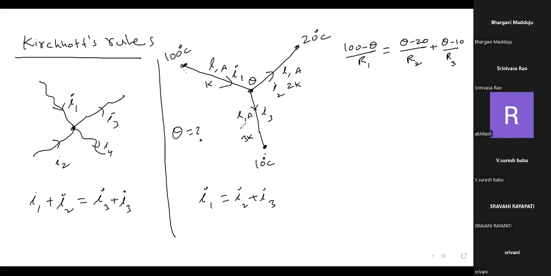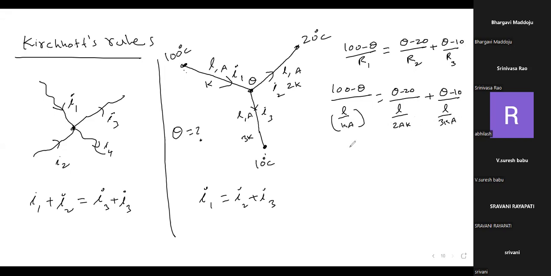Now R1 is L by K. So 100 minus theta over L by K, theta minus 20 over L by 2K, and theta minus 10 over L by 3K.